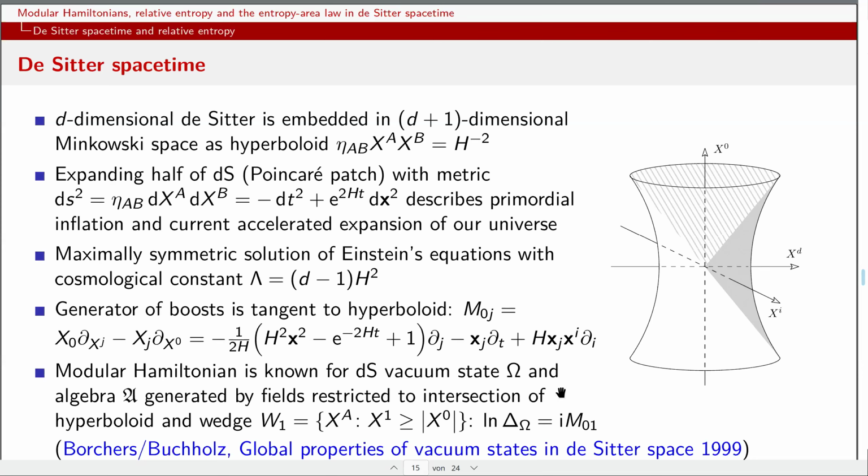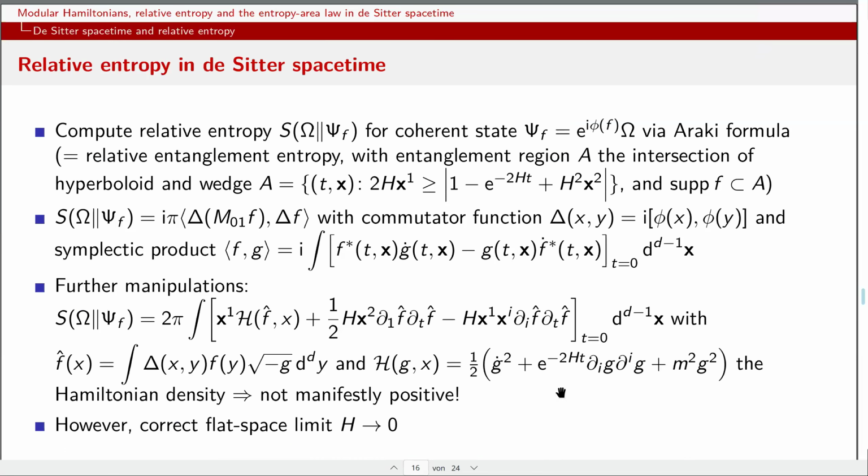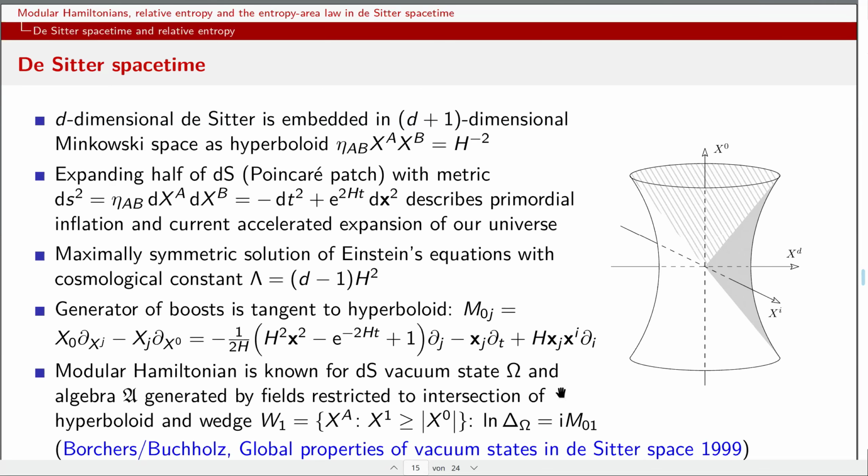I thought that only the one with alpha equals 0, which would be the Bunch-Davies vacuum. I think there's another one. It might be alpha equals -1, something like that. Okay, well, that would be interesting to see. So the first thing to do would be to compute this modular Hamiltonian, and then one could continue the computation of relative entropies. Yes, it would be an interesting thing to do.